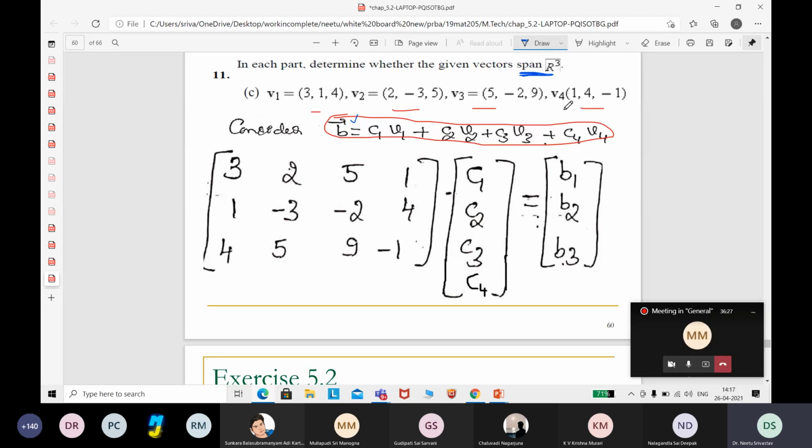So B is from R3, so it must have the components B1, B2, B3, right? And write the vectors here, just linear combinations. Put it in the matrix form, C1, C2, C3, C4 here. Then you just try solving the augmented matrix and the coefficient matrix.